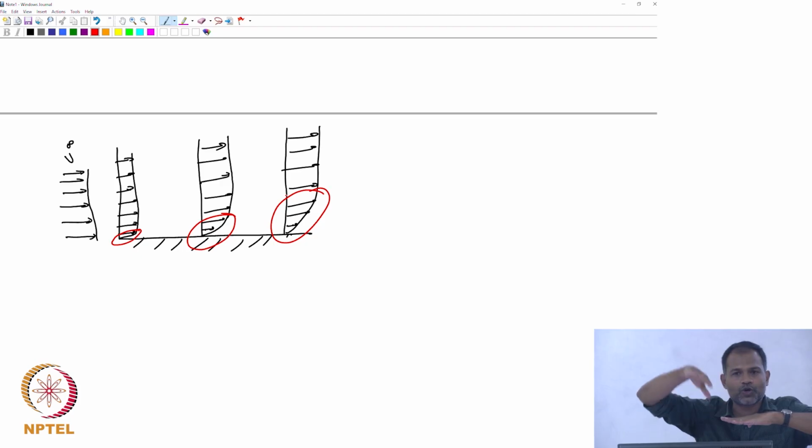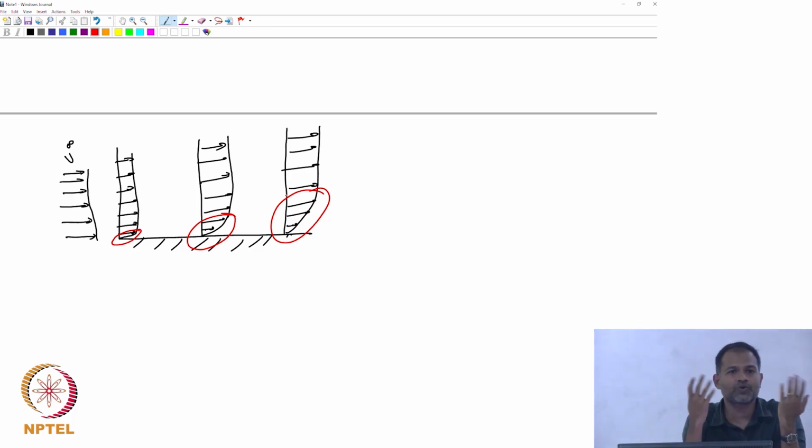But we don't want to talk about that, so we need to give some criterion for the boundary layer thickness. We can say that whenever the velocity reaches 99% of the free stream velocity, we will call this the boundary layer thickness, or you could call it 99.99%, whatever you like. So whenever the velocity is 99% of u infinity, we will call that the boundary layer thickness.